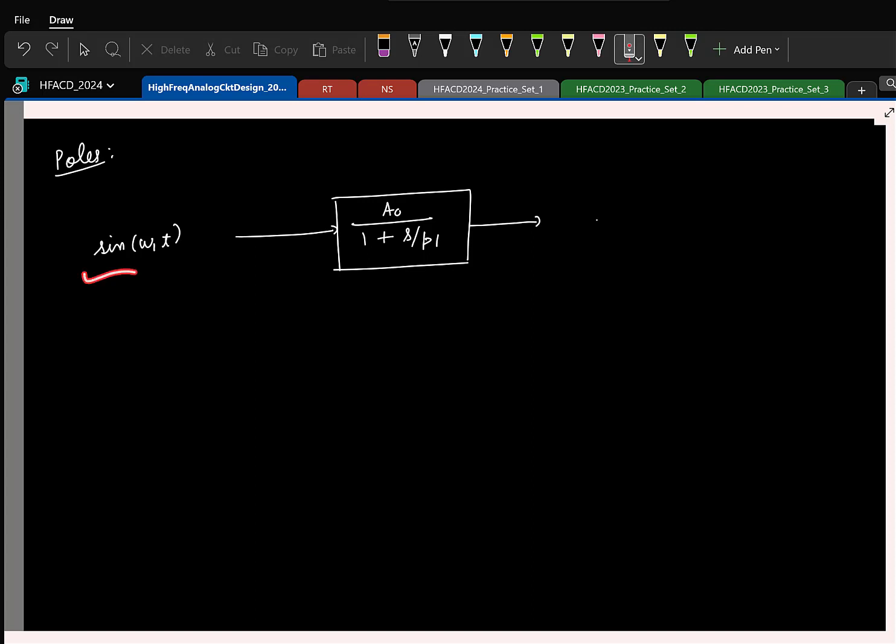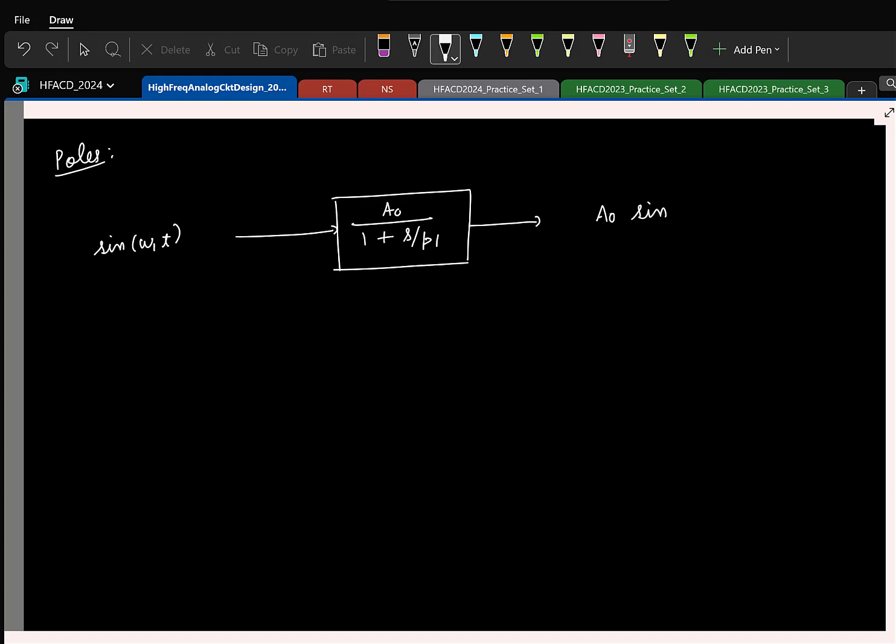Okay, if I feed in a sine wave to this LTI system, at the output what do you get? Sine wave. But what changes to the sine wave? Magnitude and phase changes. So what happens to the amplitude? A naught, and then is it just A naught sin omega t or something?